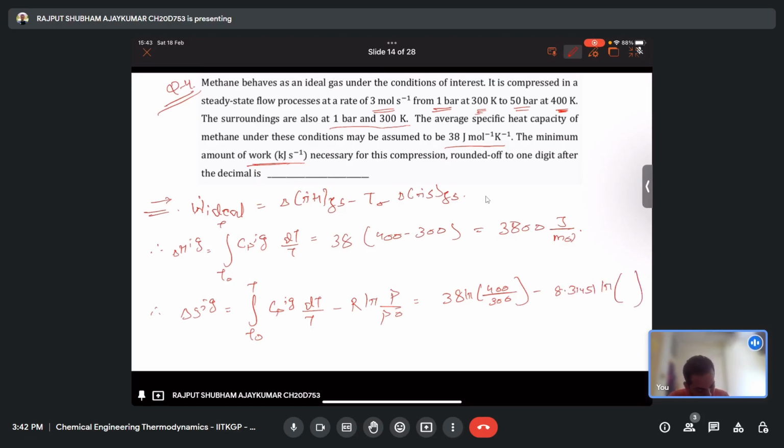P1 is given as 1 bar and P2 is 50. So P0 is the initial pressure and P is the final pressure. We'll try to solve this equation.